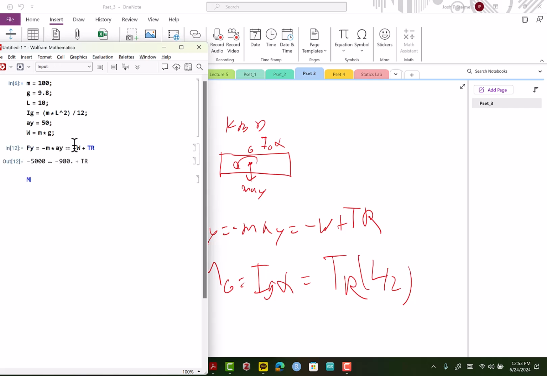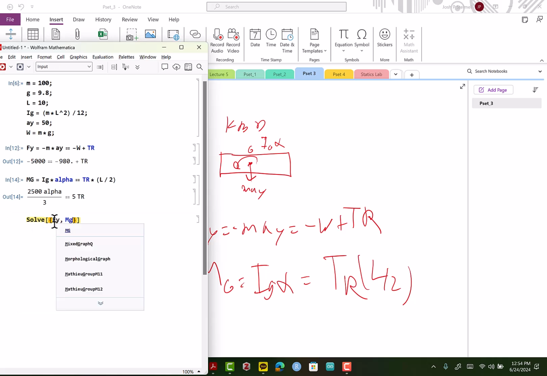And then we'll have IG times alpha equals TR times L divided by 2. Set that double equal. Hopefully this doesn't mess up. Okay, good. Solve Fy, MG, capital G. And let's see what we got here.